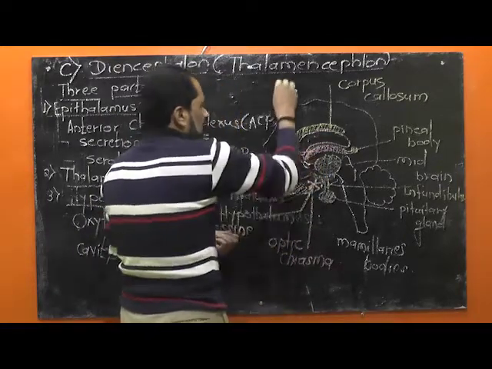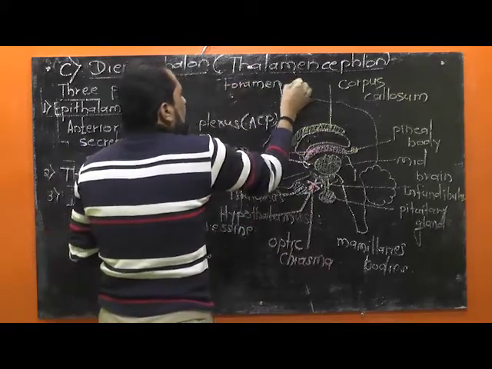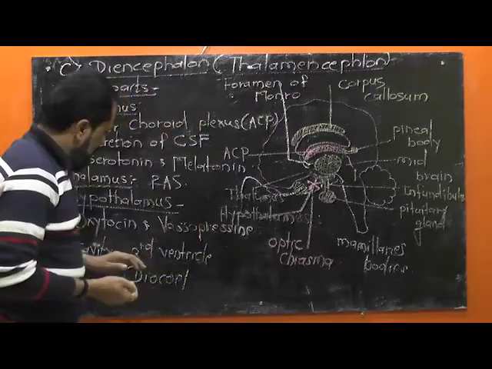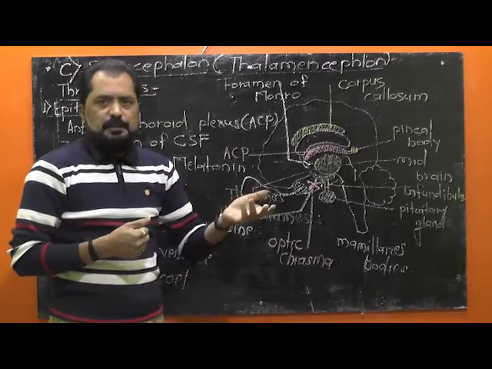That opening is known as foramen of Monro. Of course, this third ventricle is also filled with cerebrospinal fluid.